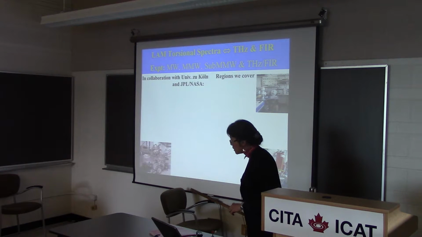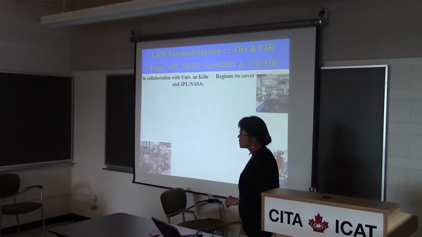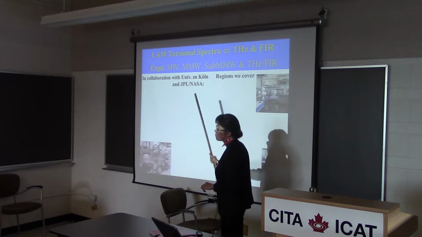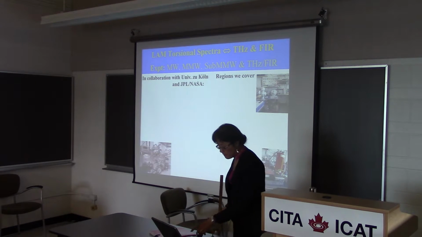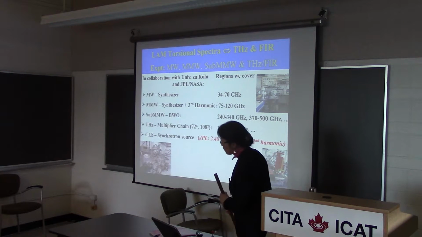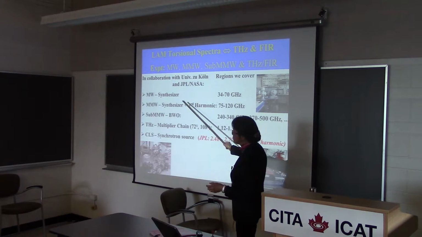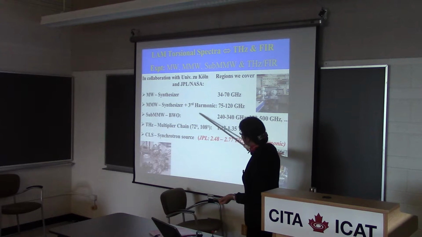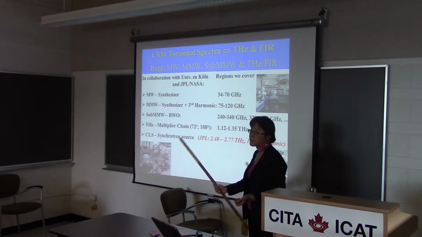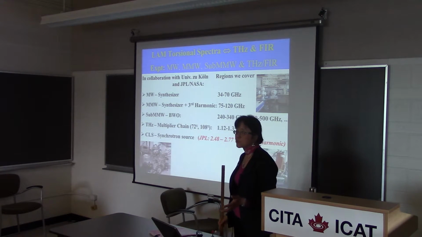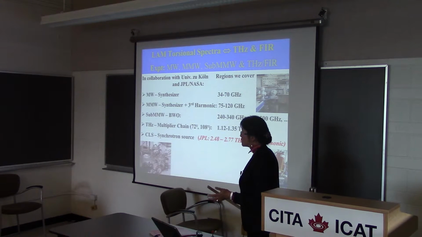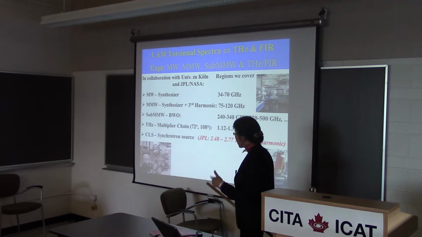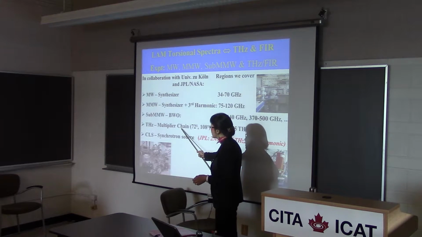We use different spectrometers. We have close collaboration with the University of Cologne, as well as our JPL colleagues at NASA. In the microwave region, we use a direct synthesizer, and then going up, recently we are quite comfortable accessing the terahertz region using the Virginia Diodes amplifier multiplier chains.